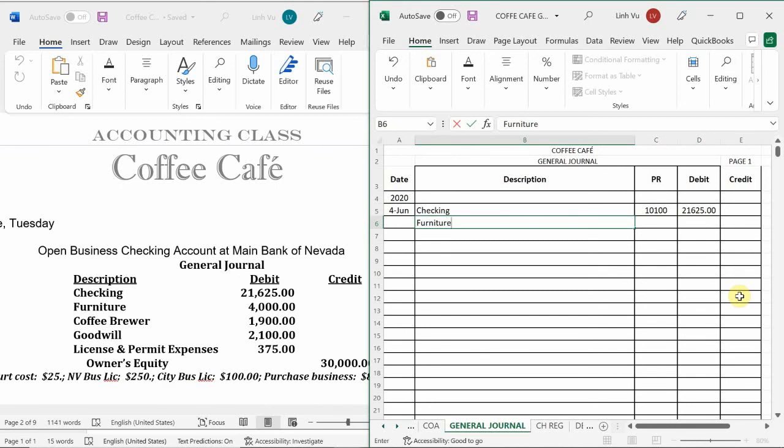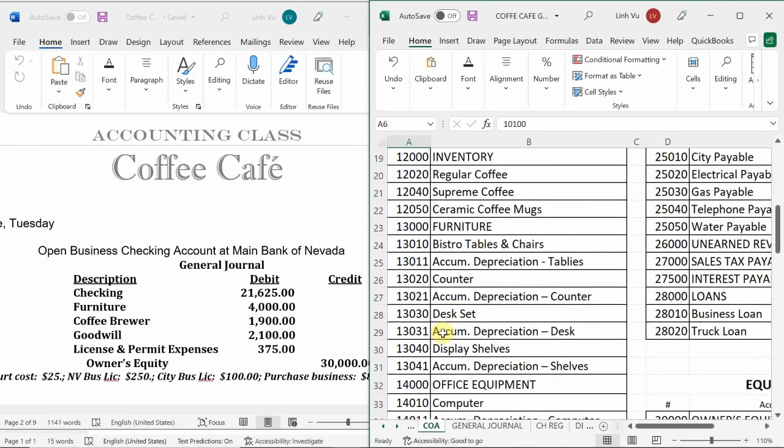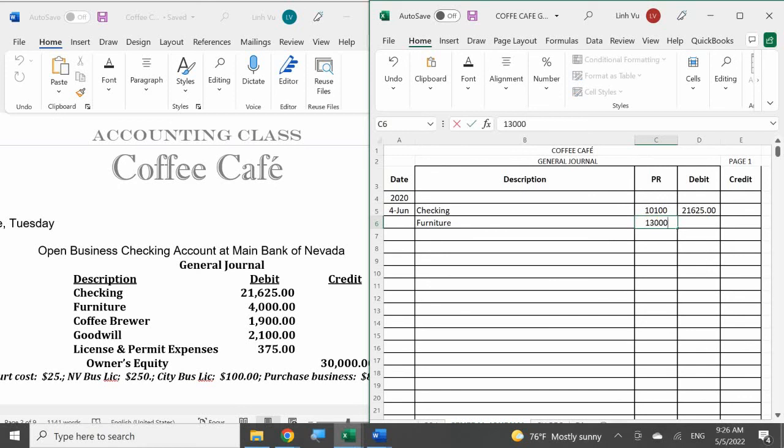Furniture was account number 13000, and we bought it for $4,000.